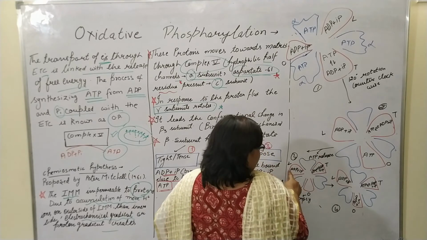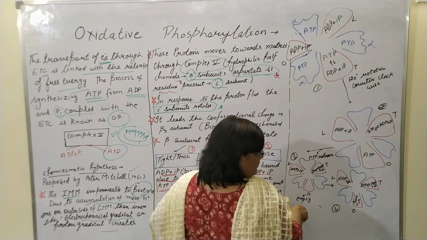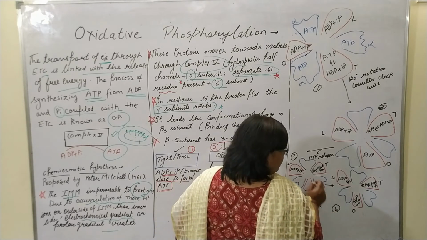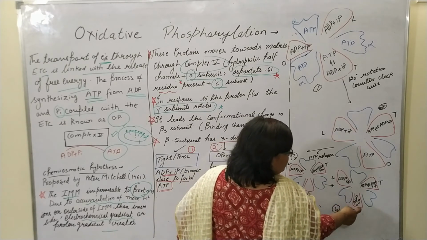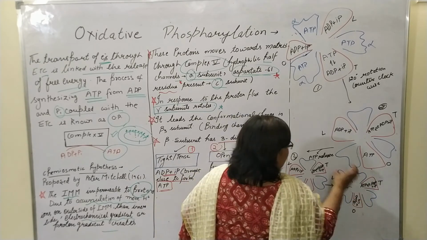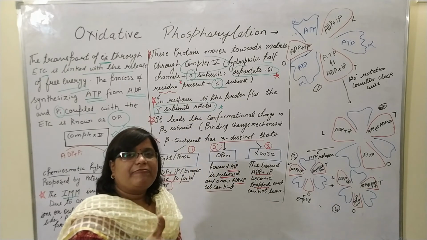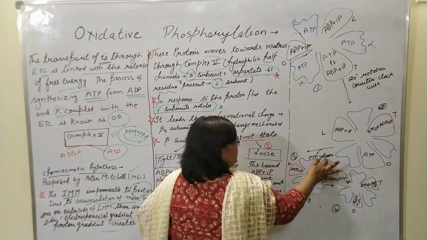So here the open state remains empty. Now again a new ADP and inorganic phosphate set comes and occupies the open state. Like this, through the conformational changes, the ATP is released.